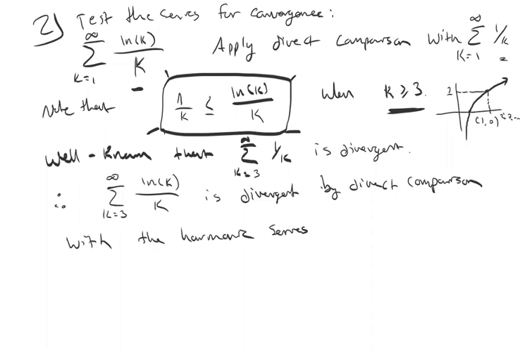Okay, now we need to be a little careful here because we changed the index, right? This is going from 3 to infinity, but the one we started with goes from 1 to infinity. So how do we reconcile that? Well, a series diverges or converges based on the infinite part of the series. It's the infinite tail.